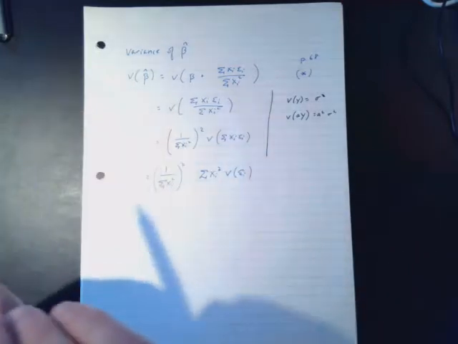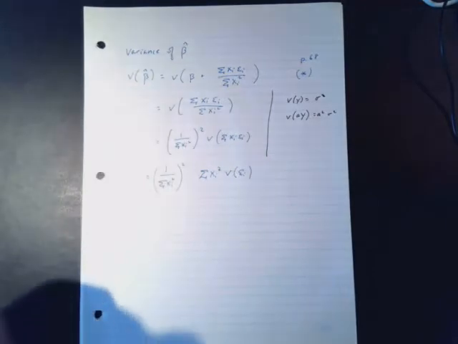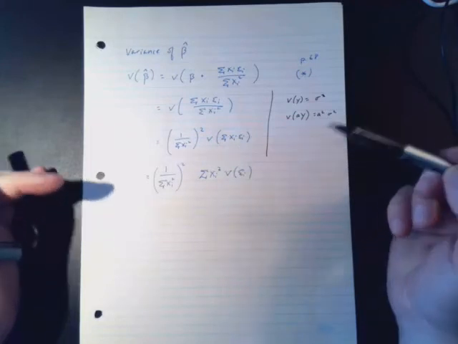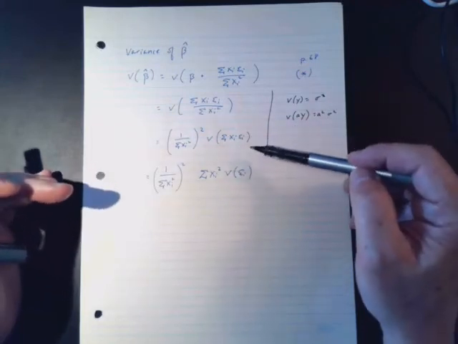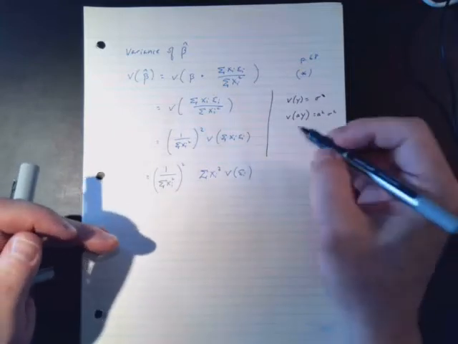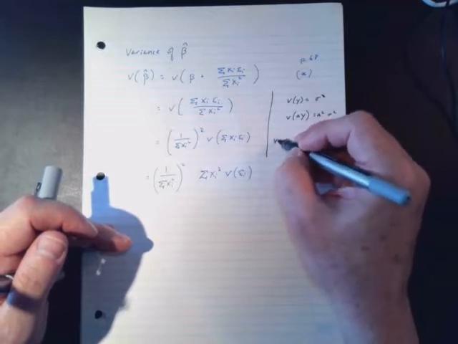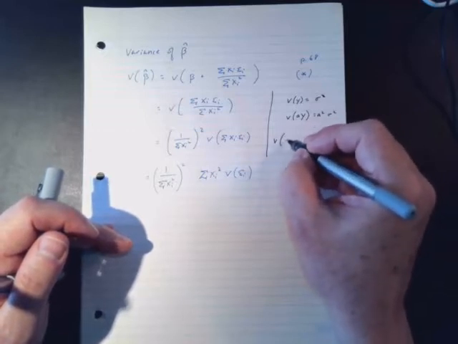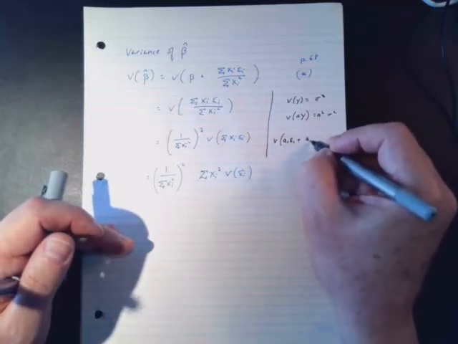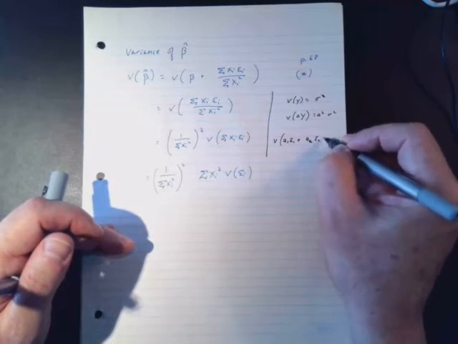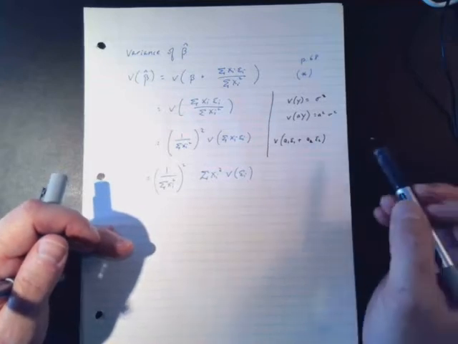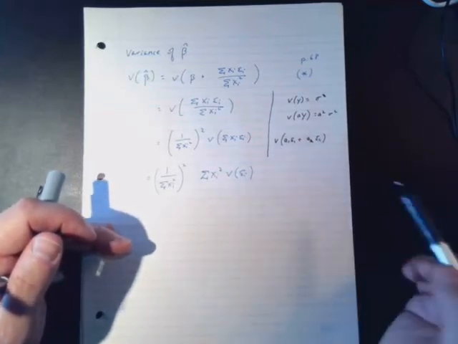Okay, so here, if you look at these two lines and you think, oh, I didn't follow that step, what I would suggest is you write out a simple example, something like variance of a1 epsilon 1 plus a2 epsilon 2, and if the variance of epsilon is sigma squared, what is the variance of that term?